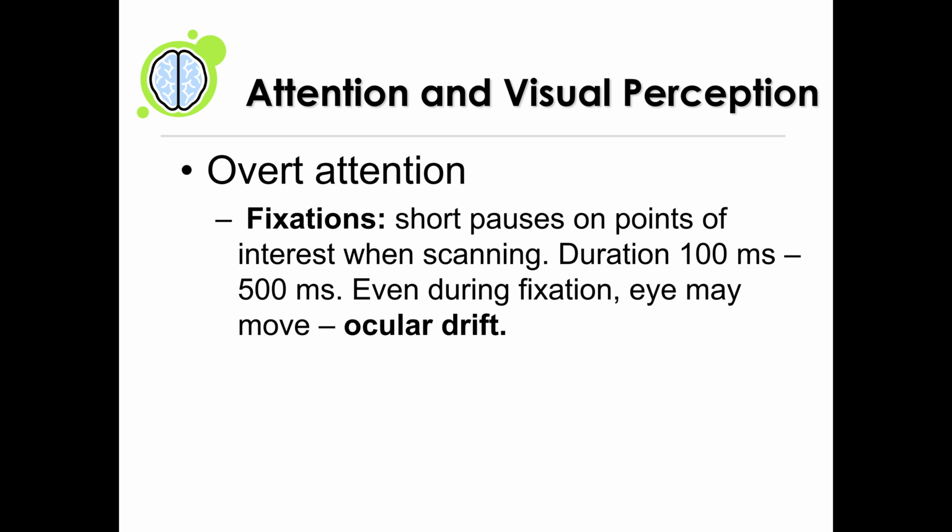Ocular drift is the concept that describes the slight imperceivable movements of the eye that an individual is doing while they're trying to look at something. The interesting thing is, researchers still don't necessarily know why the eyes continue to move. It's possible that the eyes need to move to continue to get new information into the eye, so that it can focus properly. But there are many hypotheses that have been posed. All right, let's continue on.